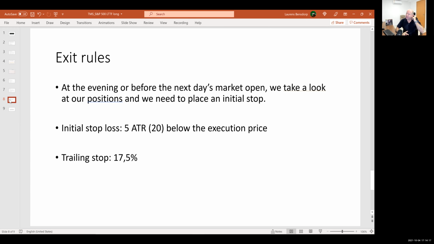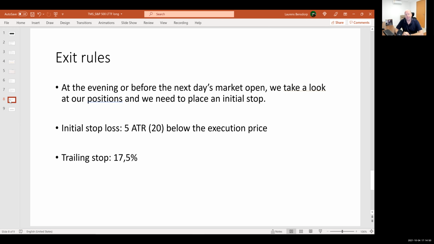So that means that we get stopped out when it starts to go against us, and there comes a time where we say we need to protect our initial capital. So if it gets stopped out at 5 average true range, the maximum that you can lose is 2% of your equity, because remember, the position sizing that we use here is that we risk 2% of our equity.